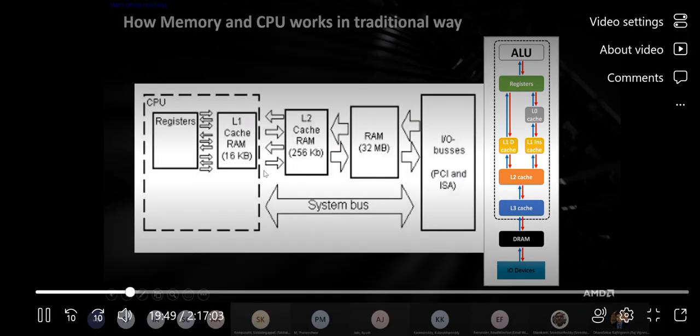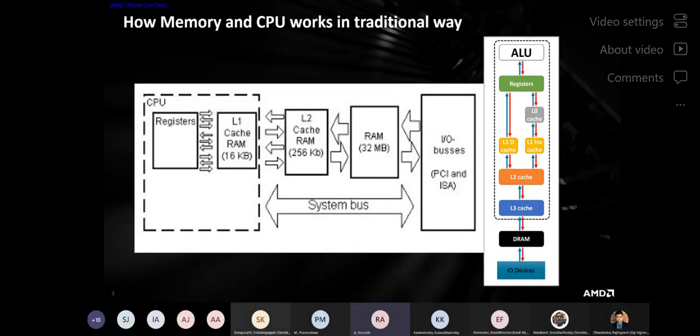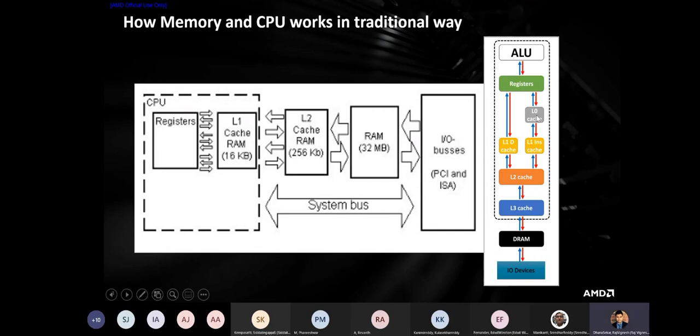What is that L0 cache you mentioned? This is not actually an AMD processor; I think I took it from the Intel one. Sorry. Technically, closest to the registers, we have another cache.